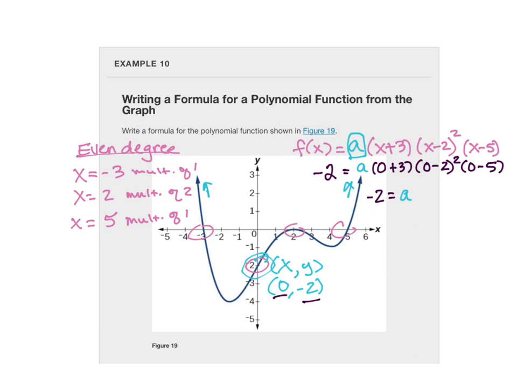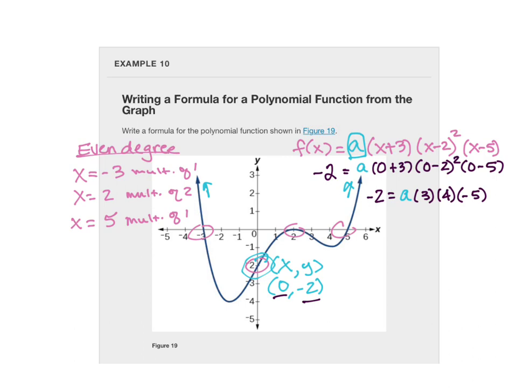A times what comes out of the first factor when x is 0? 0 plus 3 is 3. -2 squared, 4. 0 minus 5, and these are all 3 multiplied together.